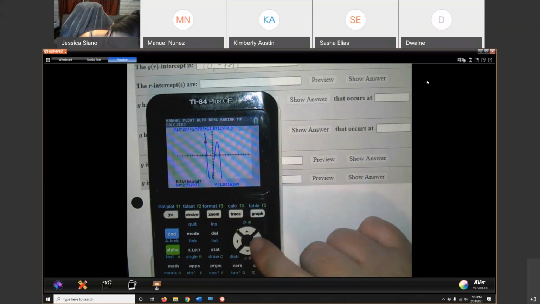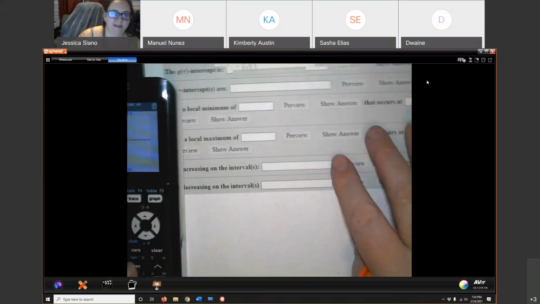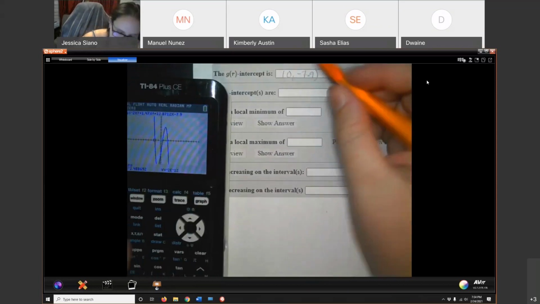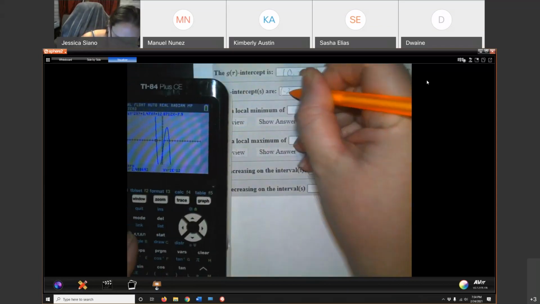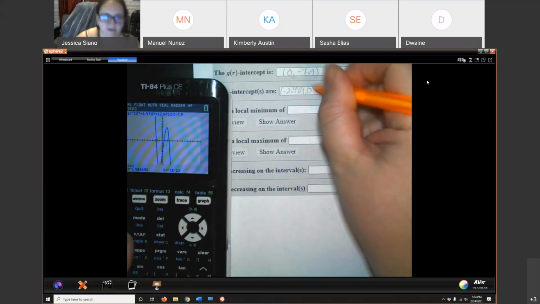Press enter. I need the cursor to be on the right. Press enter. Enter one more time. And that 0 is at -2.489.